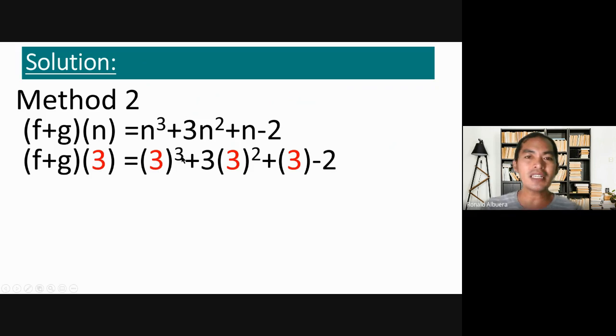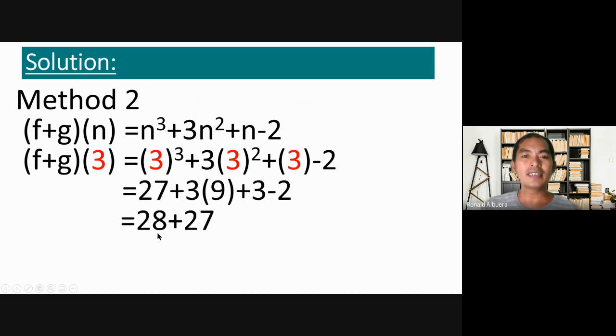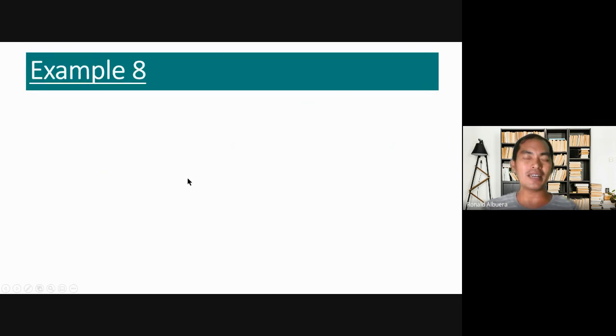So we have n cubed plus 3n squared plus n plus 3 minus 2. So 3 cubed is 27. 3 times 3, 9. Times 3 is 27. Okay. Then, so 3 times 9, 27. Itong 28 saan galing? 27 plus 3 is 30 minus 2 is 28. 28 plus 25 is 55.